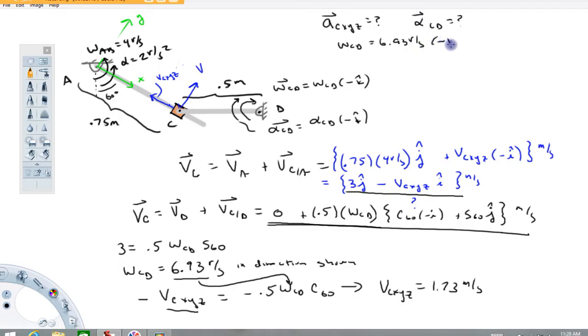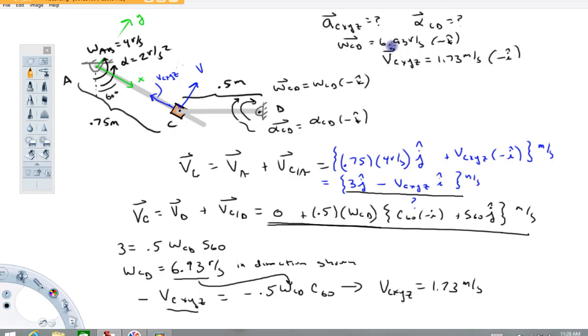It is in the minus k direction, because that's the direction that I've drawn it in, and it came out positive. We know that velocity of C in the xyz coordinate system is equal to 1.73 meter per second. That vector points up and left in the minus i direction.